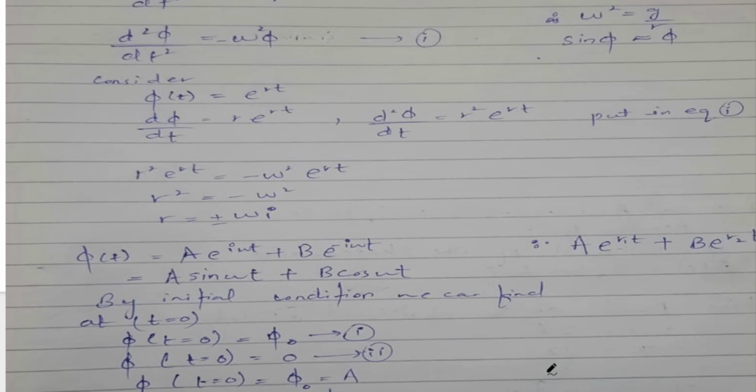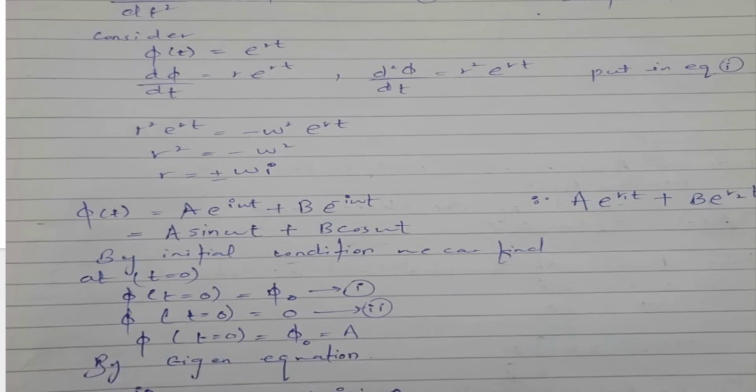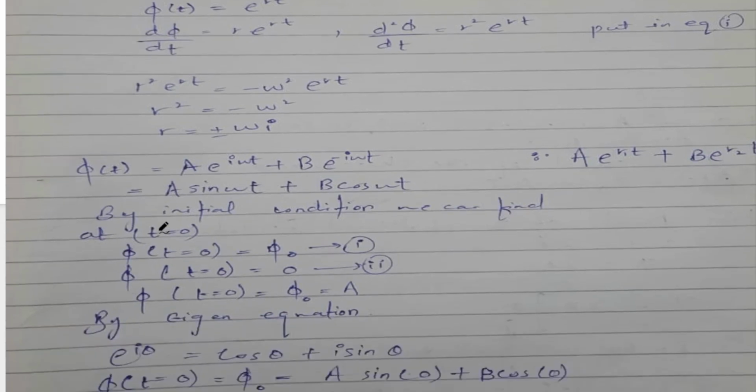Now by applying the initial conditions, when time t is 0, we get phi naught, the value of the angle, which is not constant but varies with the moving skater. At t equals 0, phi equals a.